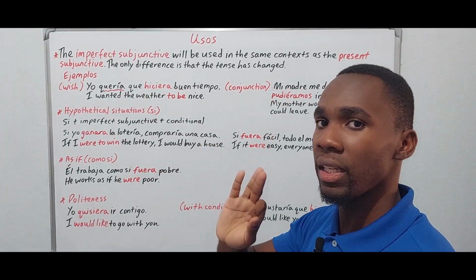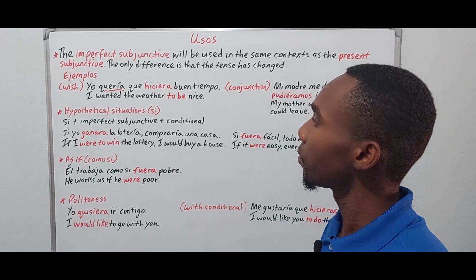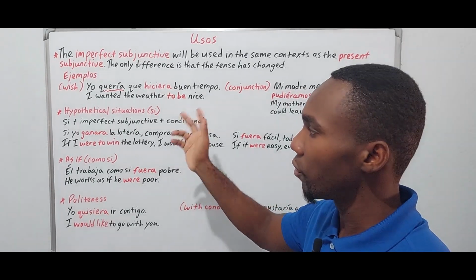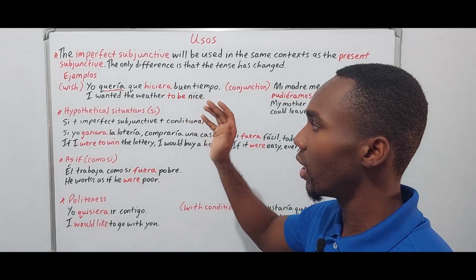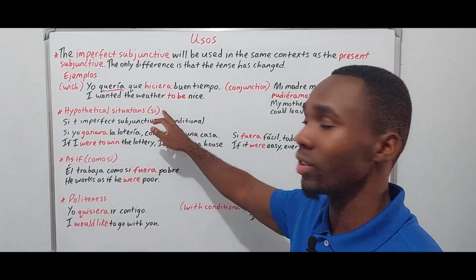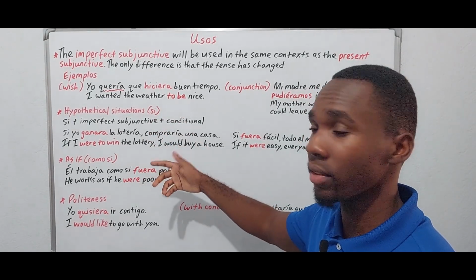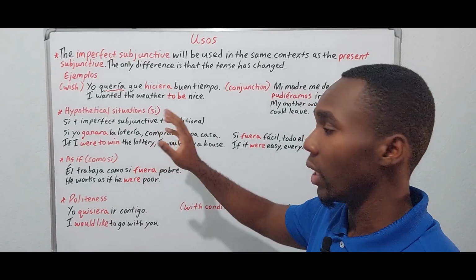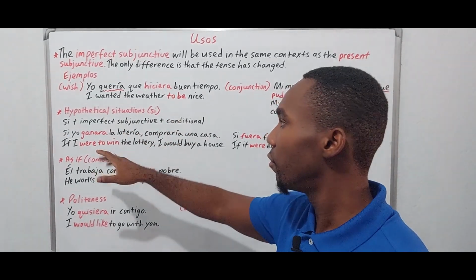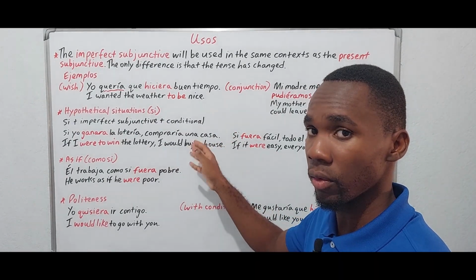Now, there are three different contexts that I'm going to show you. The first context is going to be for hypothetical situations. In this case, we use the word si. Not sí with the accent, because that would mean yes, but si. The structure is going to be si followed by the imperfect subjunctive followed by the conditional. Okay?